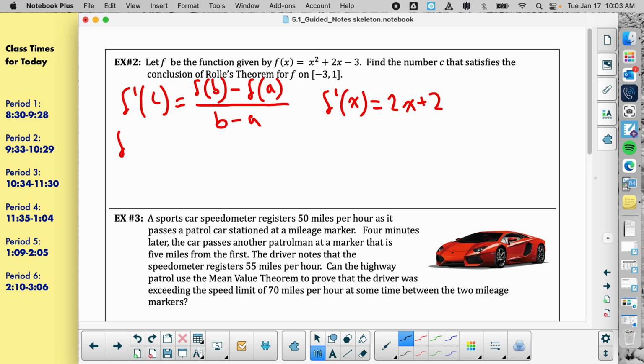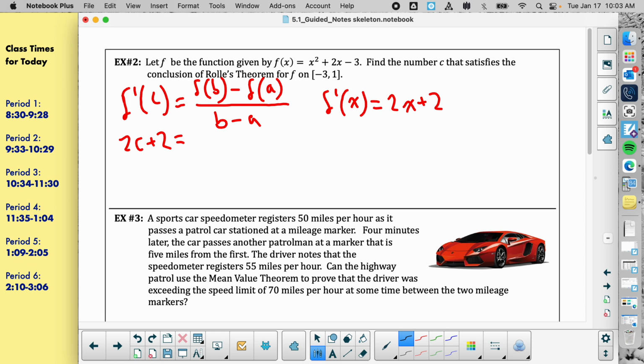Could I just write 2c? Equals. Wait, what? No, erase that.